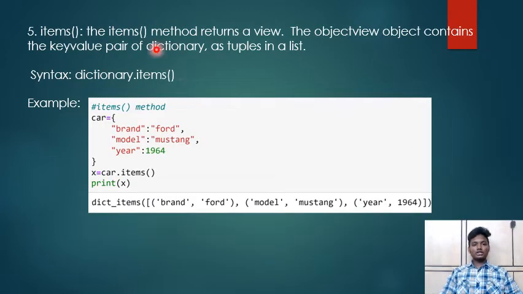And the fifth one is the items method. The items method returns a view object containing the key value pairs of a dictionary as tuples in a list.